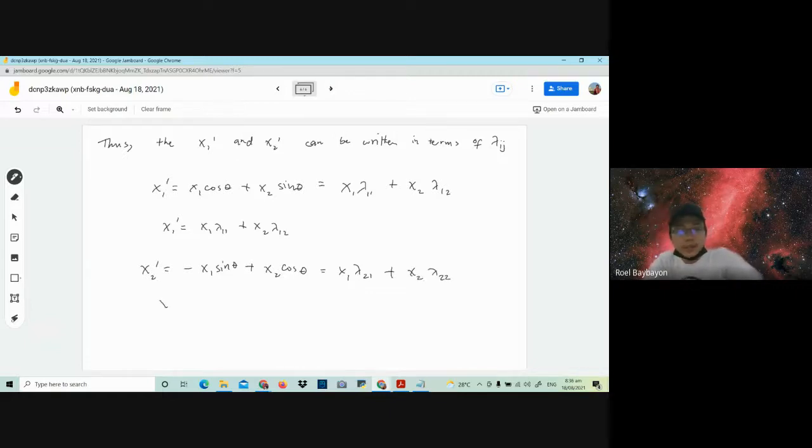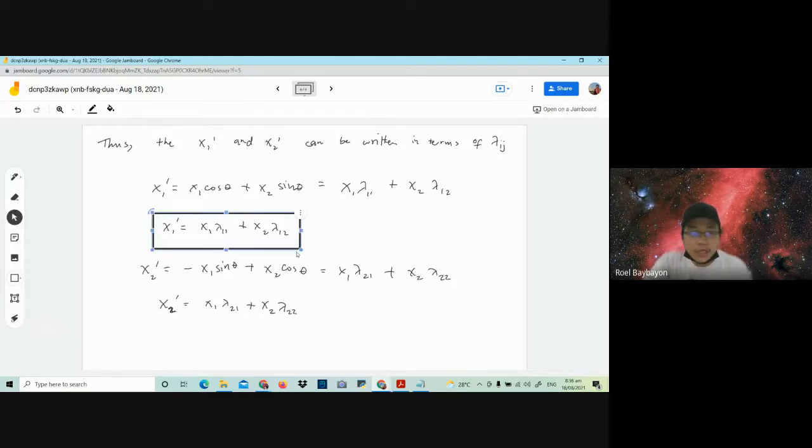So my x1 prime, x2 prime is in terms of lambdas, in terms of direction cosines. So you can see the pattern. Why do we write it in terms of 1, 2, 3?